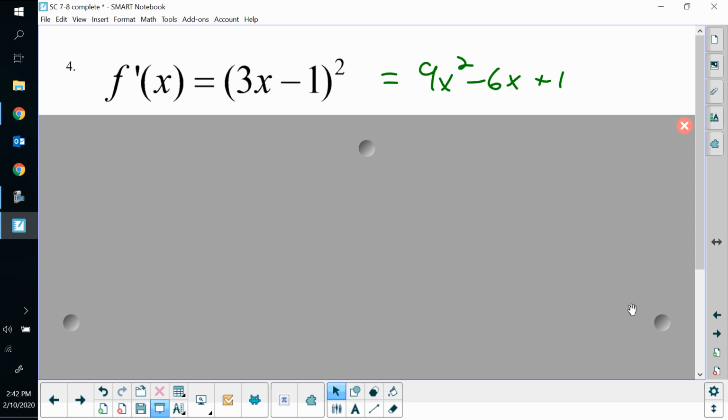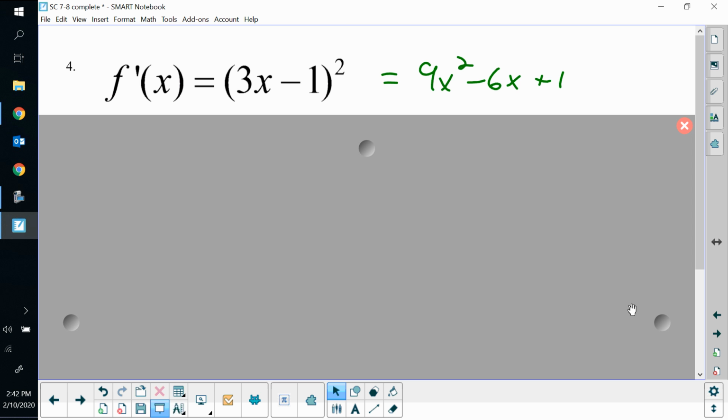Say you had g prime of x, then lowercase g of x would be your antiderivative. Say you had y prime, then your antiderivative would just be y. Other ways we've seen derivatives, dy over dx. You see dy over dx, then your antiderivative is just y.